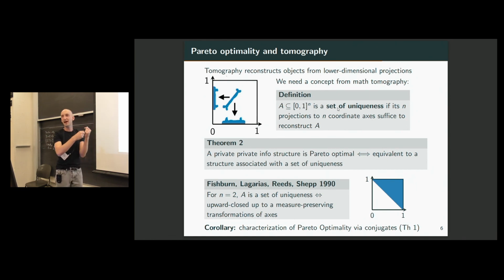And using this extra randomness, you can actually construct an extra informative signal that you can reveal to one of the agents or somehow divide between the two agents and make a Pareto improvement. This is the idea why uniqueness plays this role in Pareto optimality.